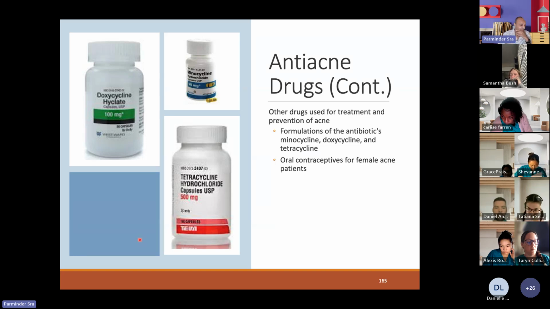Anyone? Was it the teeth discoloration? Yeah, what was that? And in children under 8? Yeah, women pregnant or lactating and children under the age of 8 should not be taking it.